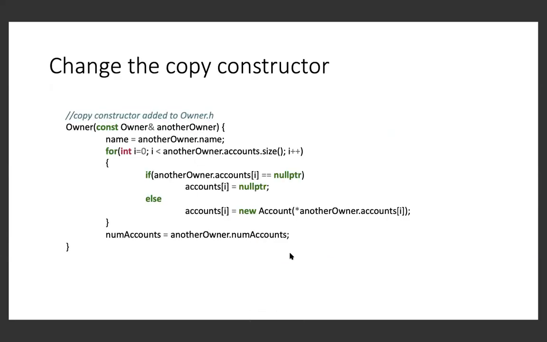So now we're going to modify our copy constructor. The name is still copied as is. That's good. The number of accounts is still copied as is.